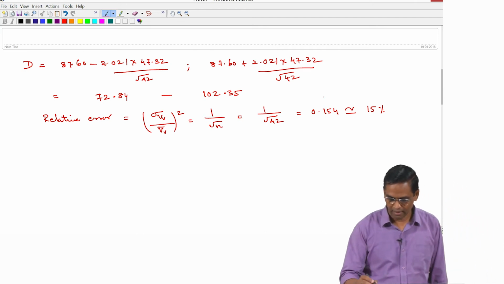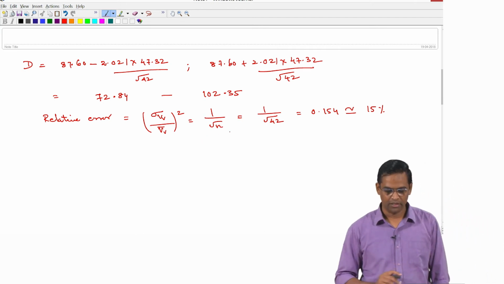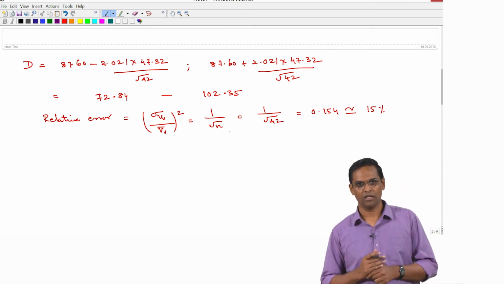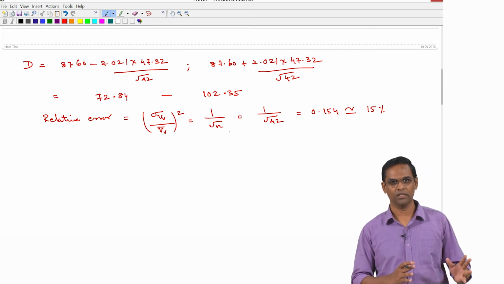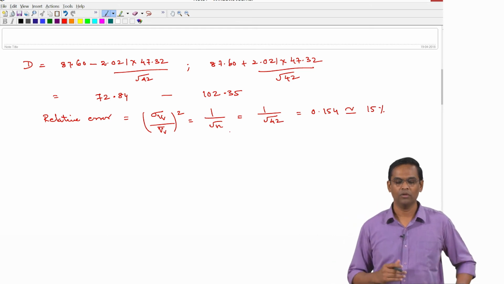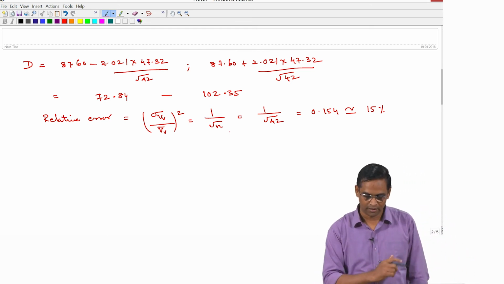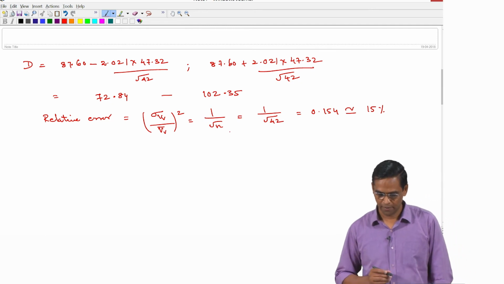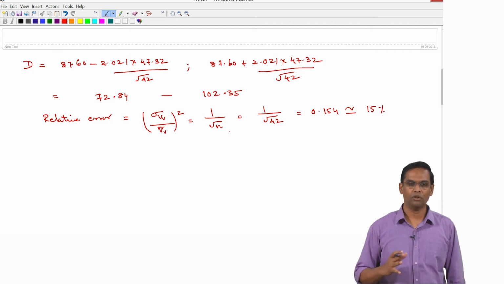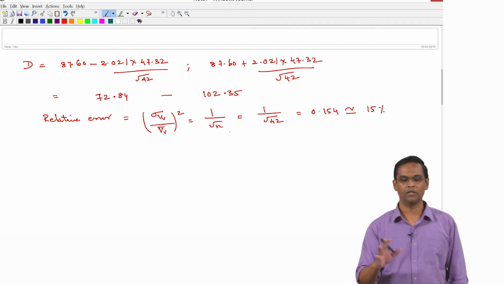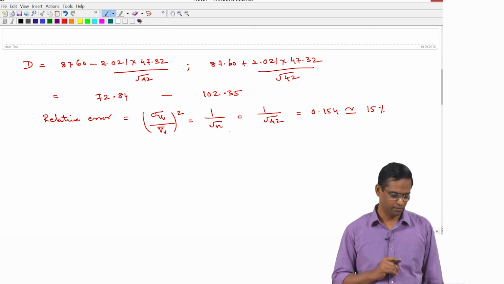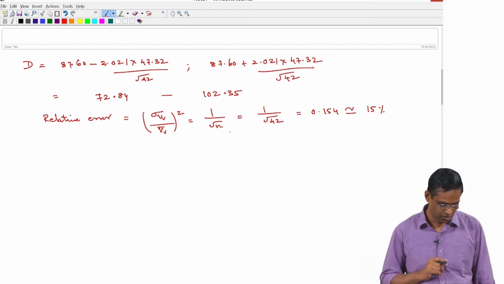Normally this error estimation is given to check whether the methodology is correct or not, for example the grid size you have chosen, the particle size you have chosen, and whether you need to change these or not. In this case, you can be confident that it comes within 15%. So, you can be rest assured that the methodology you have adopted holds good. That is the way I want to show.